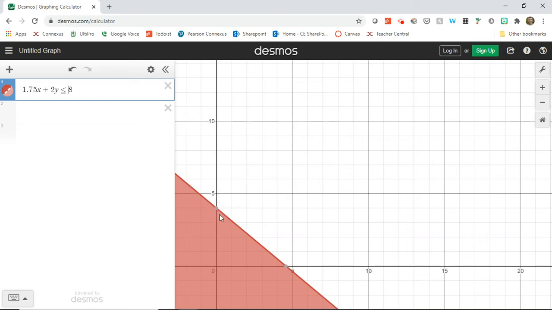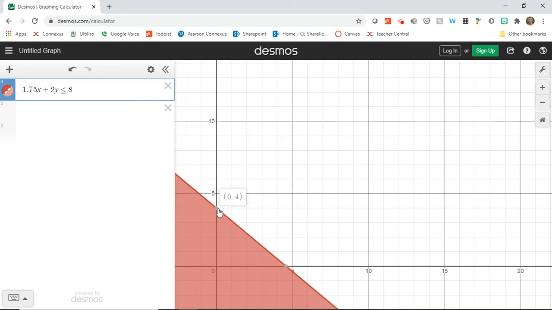Any combination that's on that line, this is a solid line, anything shaded below are combinations that she could buy. Now, since we're talking about cartons of eggs, we would want to stick to whole numbers. So the only reasonable solutions are going to be ones that are whole numbers.